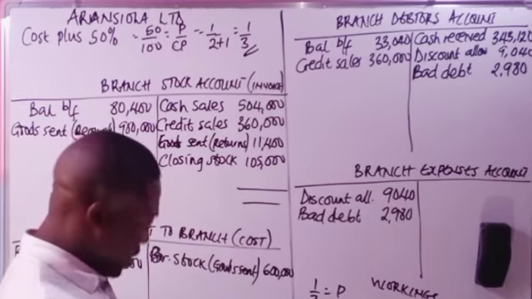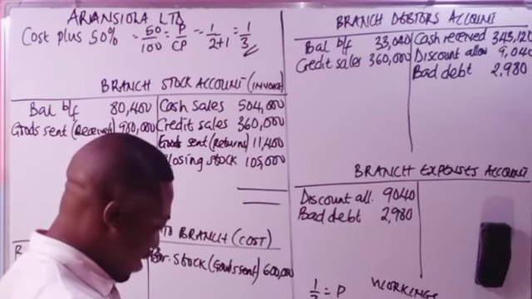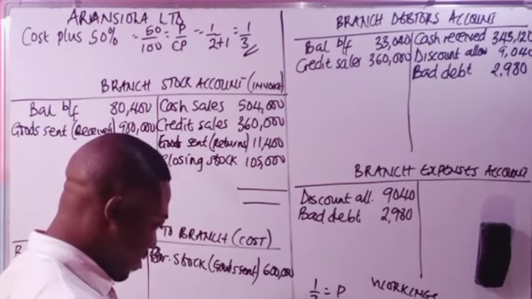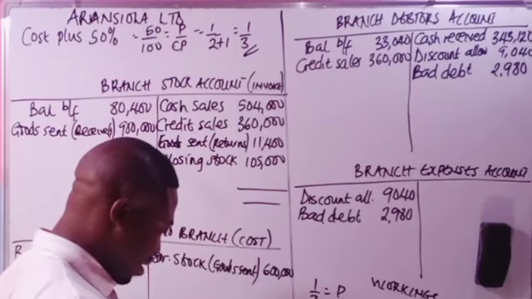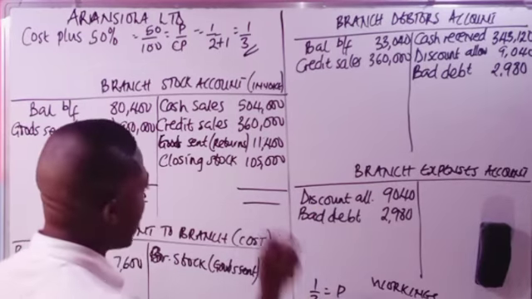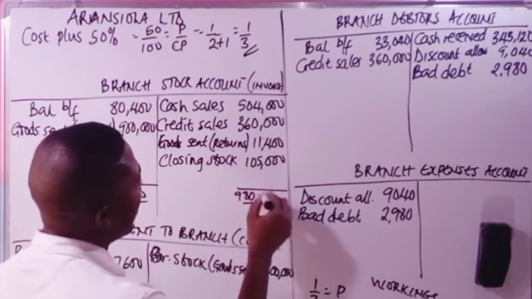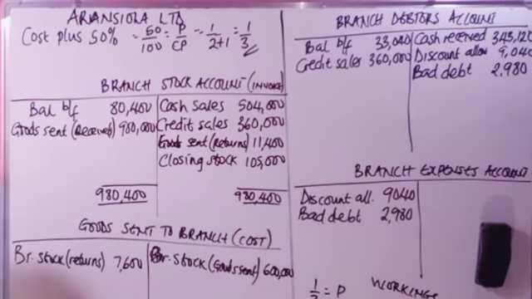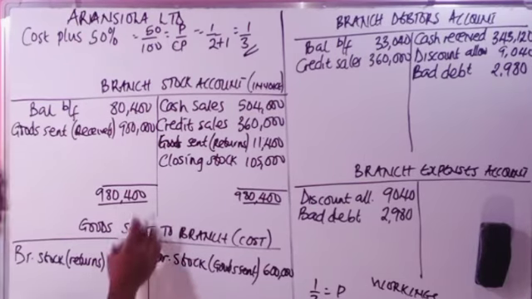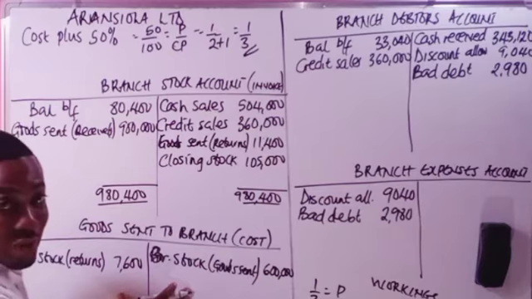If we add up this, we'll have 504,000 plus 360,000 plus 11,400 plus 105,000, which will give us 980,400.